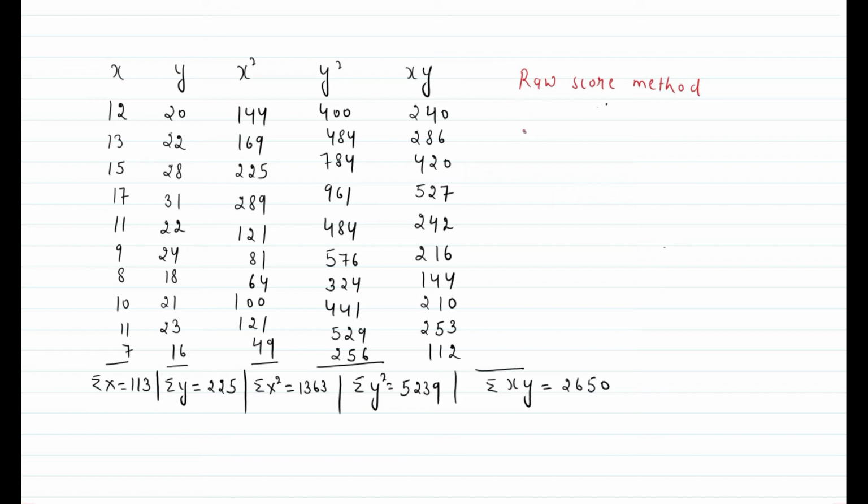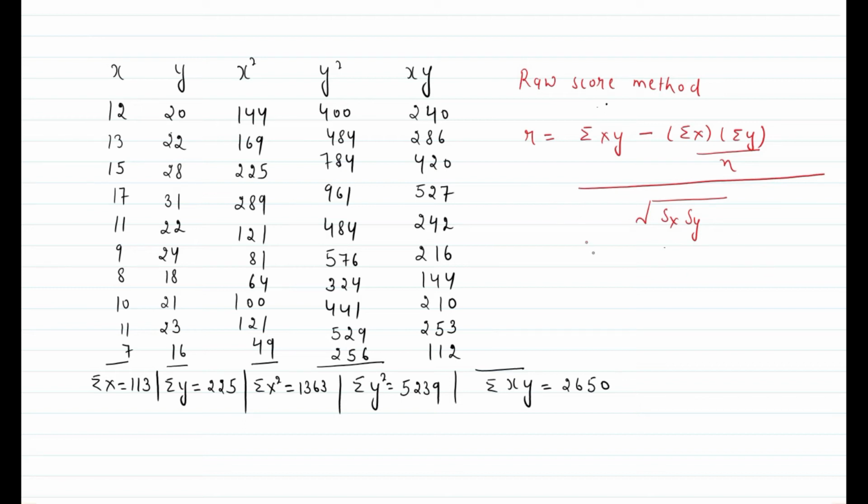The formula is R equals summation of xy minus summation of x into summation of y divided by n, whole divided by under root of Sx, that is standard deviation of x, and standard deviation of y. So this is the formula of the method.